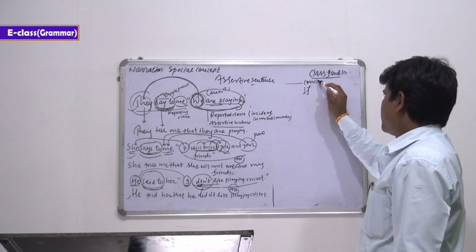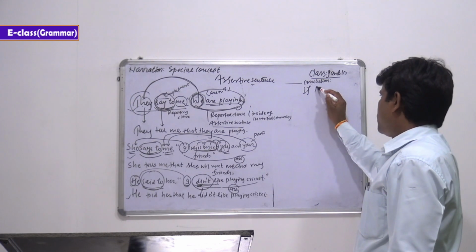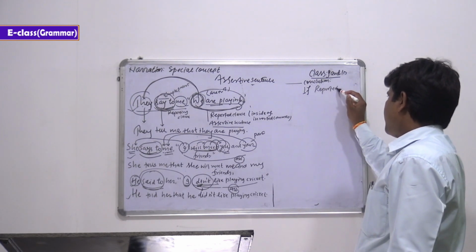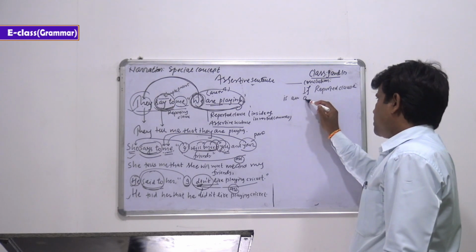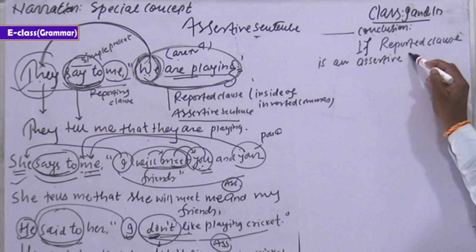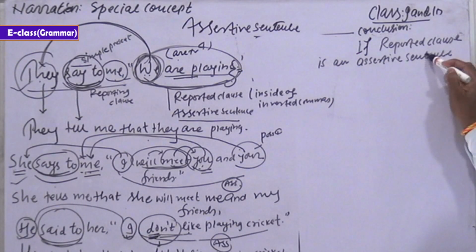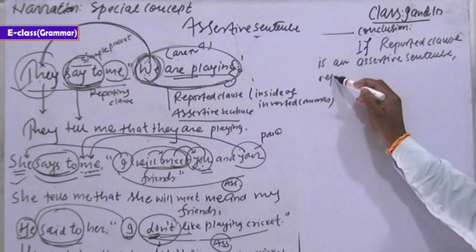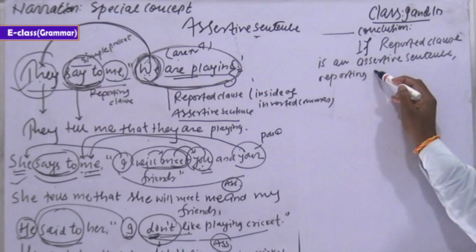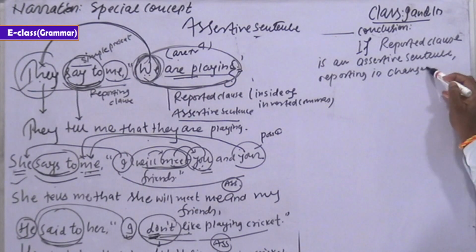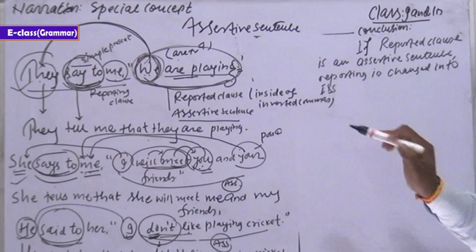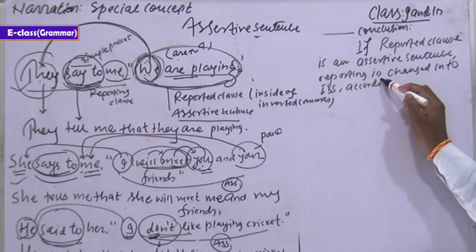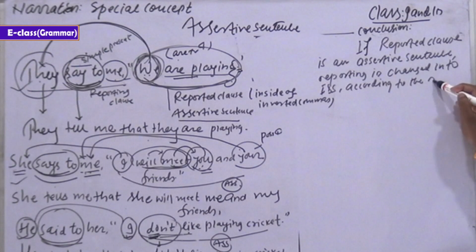If the reported clause is an assertive sentence, write down please, assertive sentence, comma, the reporting verb is changed into indirect speech according to the structure given below.